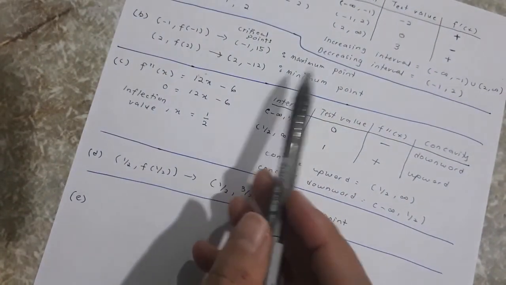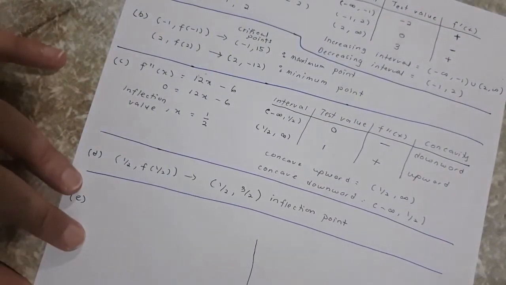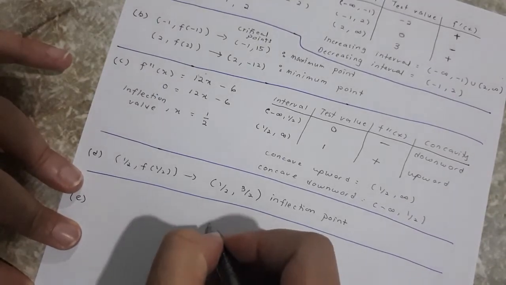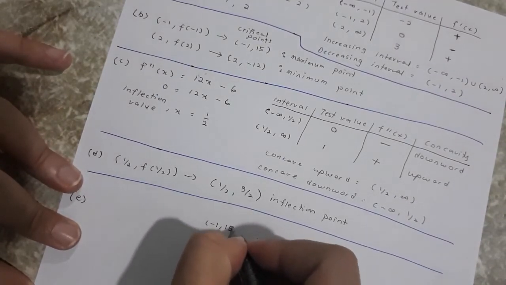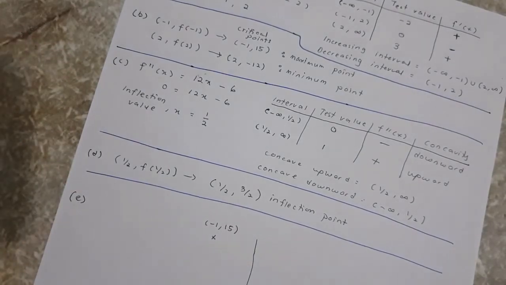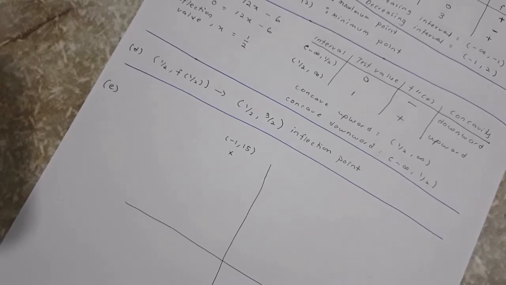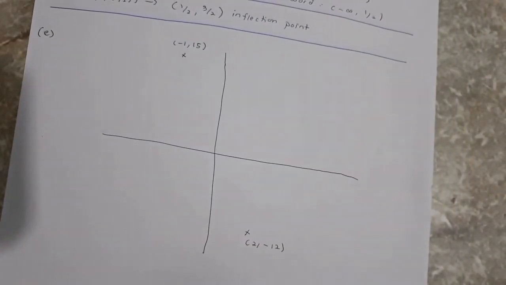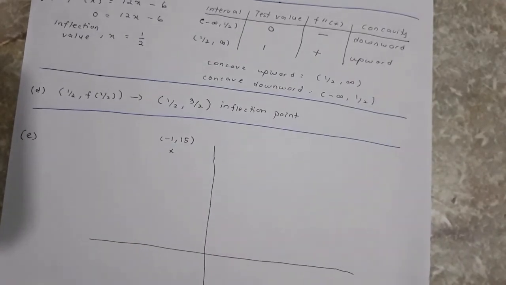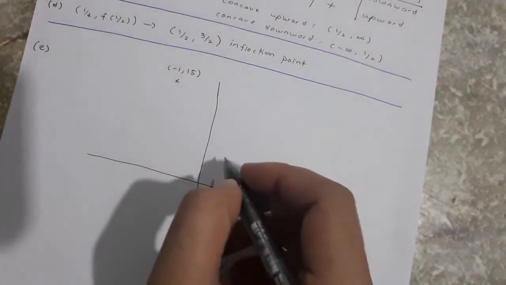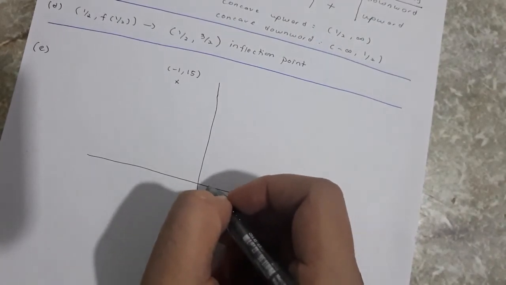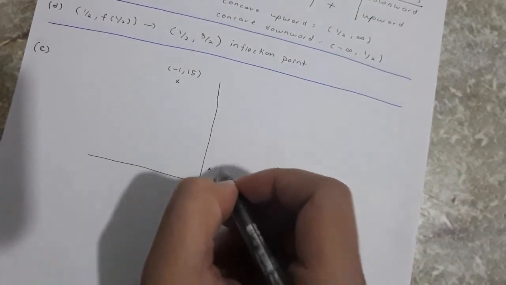We have the maximum point at -1, 15. Let's say here, -1, 15. And then we have the minimum point at 2, -12. Let's say here, 2, -12. And we have the inflection point at 1/2, 3/2. Let's say somewhere here.